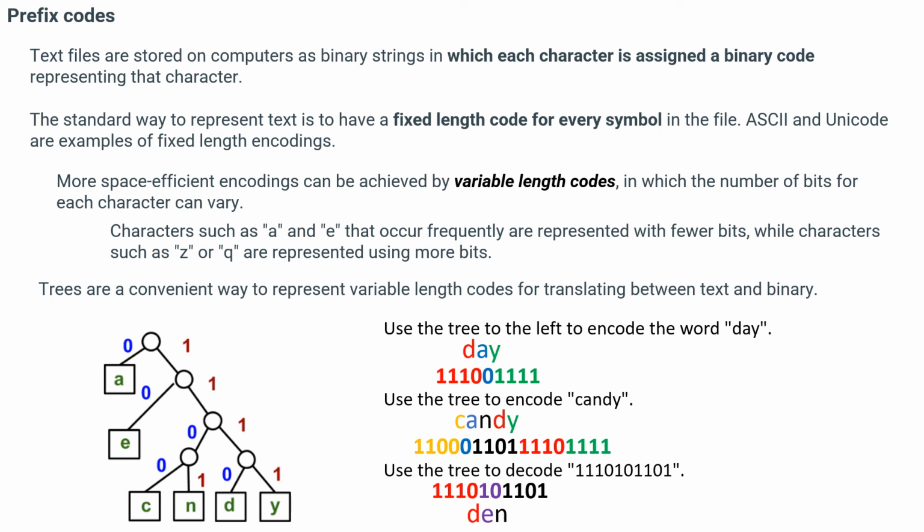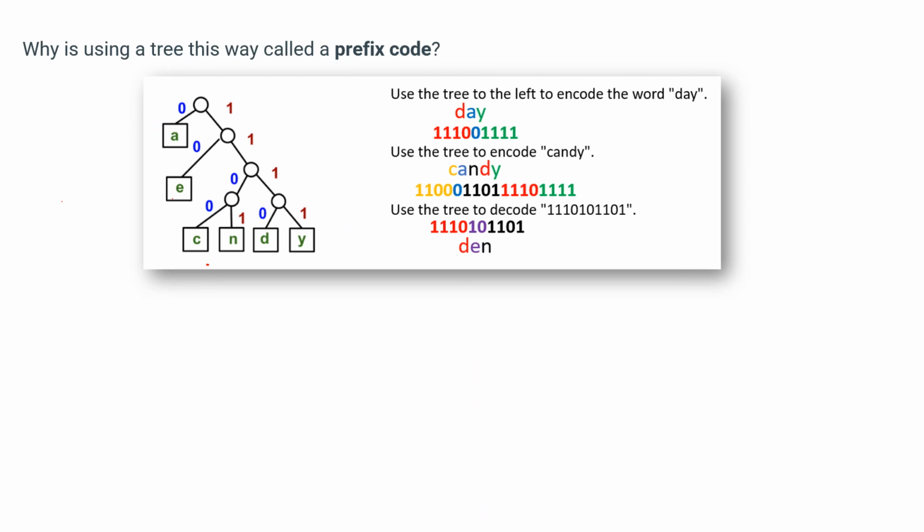So this works pretty well, and as you can see, we can use variable length codes, and so we could set it up just right so that those more common letters that are used a lot more often can have shorter codes associated with them. Now, why is this called a prefix code? So this was the example that we just did.